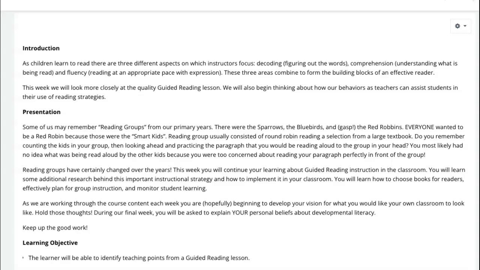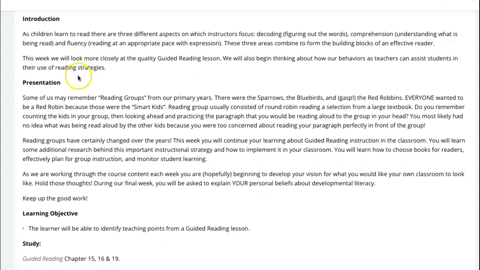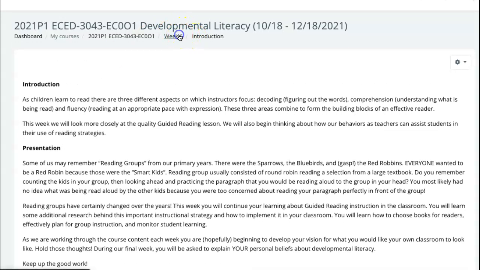These are things that you're going to discuss in your literacy beliefs presentation, which is due week 8. That is different than the presentation that is due in 3041. So if you're taking both classes, you have two different presentations to video. If you have questions about that, please ask me.